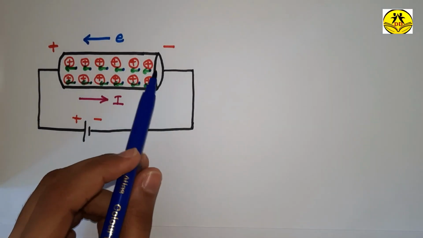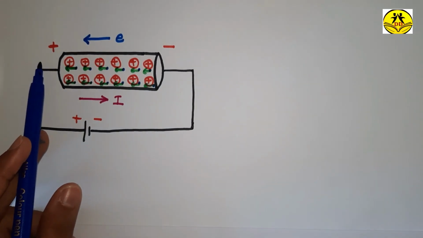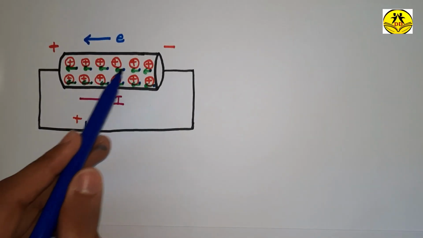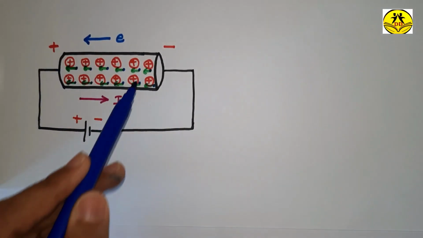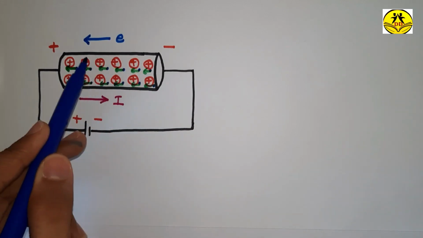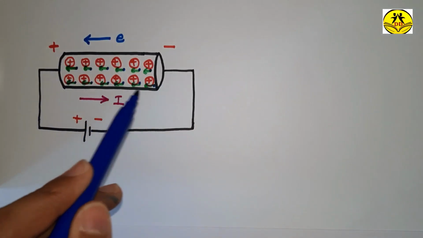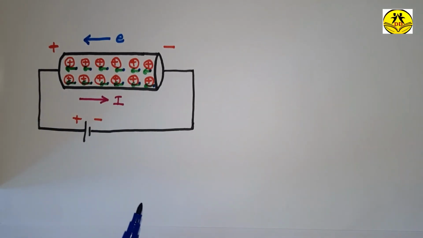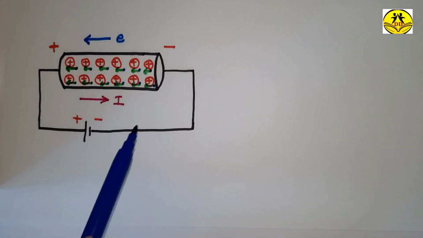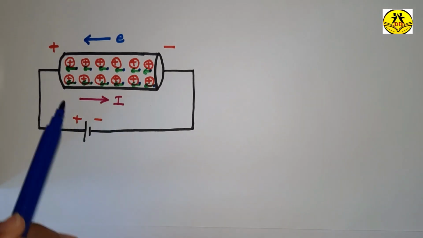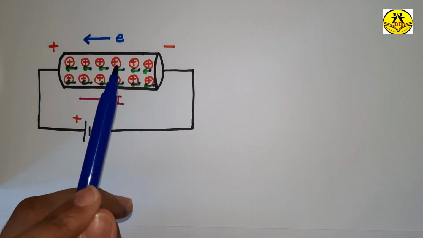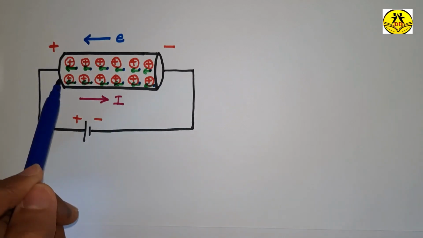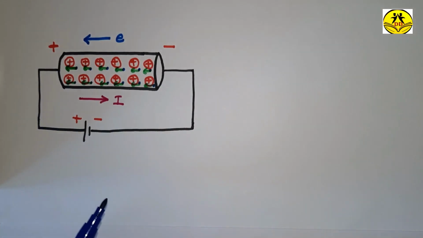When electrons move from the negative terminal to the positive terminal, means against the field, the electron flow is not smooth here because the electrons collide with the positively charged lattice ions and the velocity of electrons changes from time to time. So actually we call the electrons drift against the field.